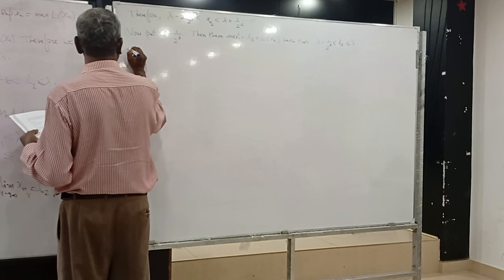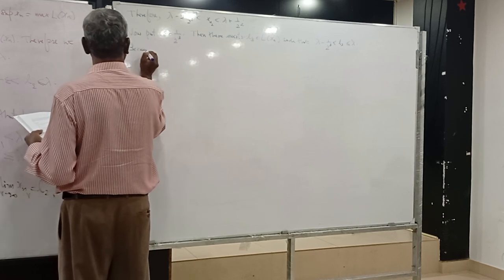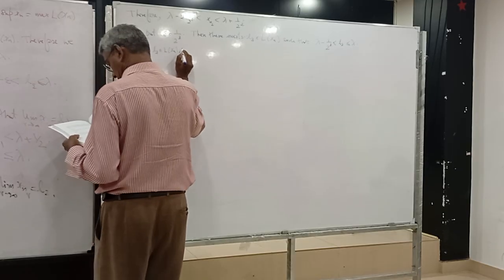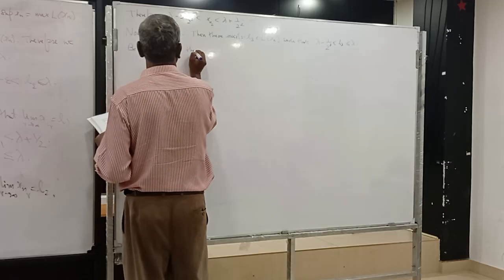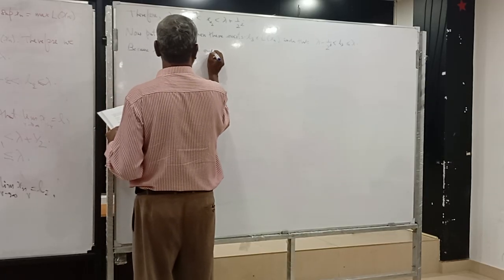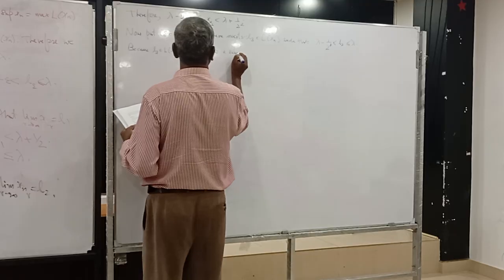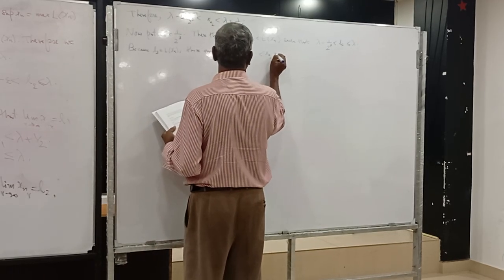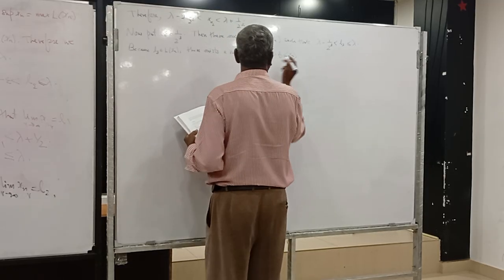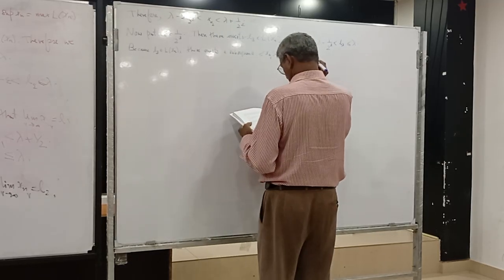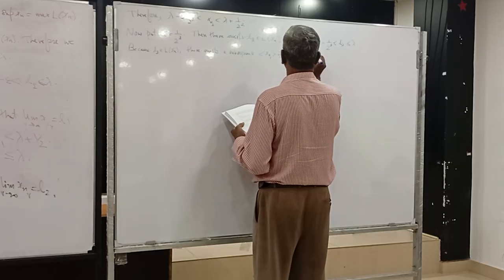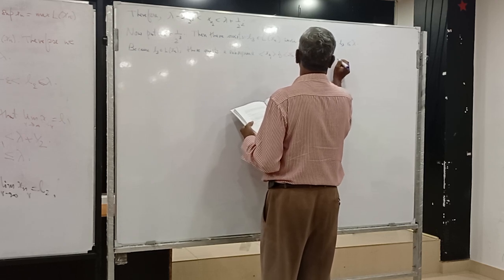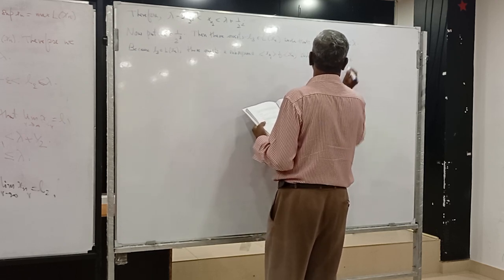Because L3 belongs to Lxn, there exists a subsequence, again I am not using the same notation, xnr of xn, such that the limit as r tends to infinity of xnr is equal to L3.